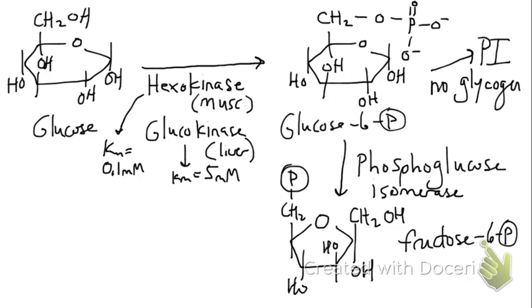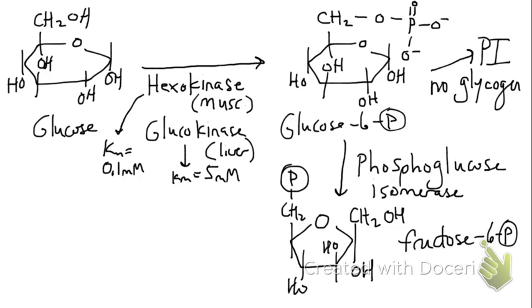Depending on the energy needs of the cells, we'll talk about how we can determine that, it'll either go into glycogen synthesis or it'll go down through glycolysis. If it goes through glycolysis, it'll go through phosphoglucose isomerase, which will turn it into fructose 6-phosphate.